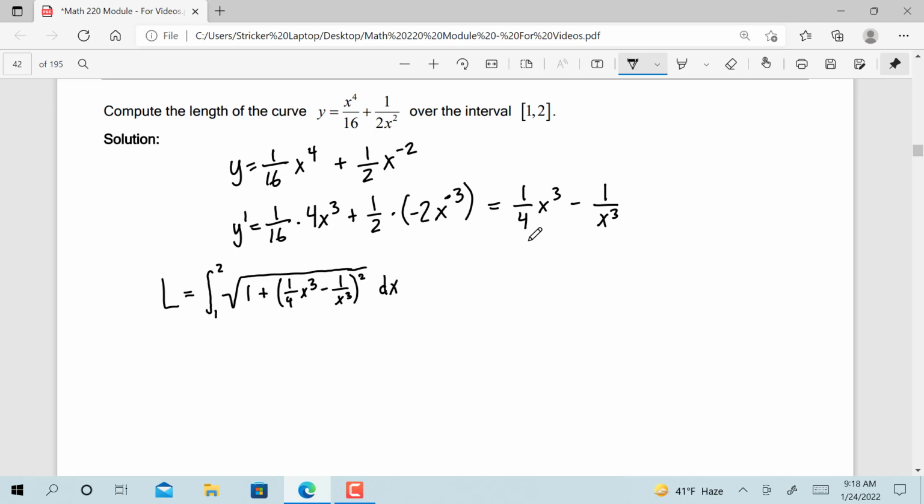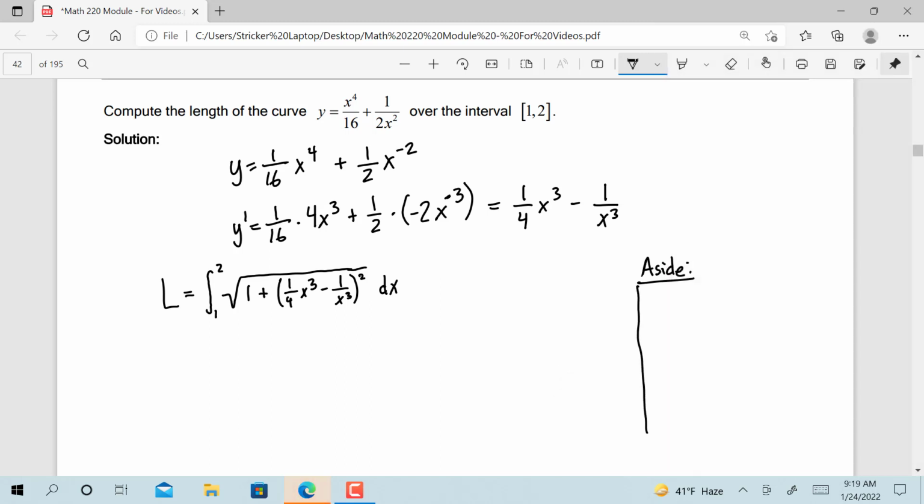And we need to do a little bit of algebra there to multiply out that binomial. So let's go over here on the side and take a look at that algebra.